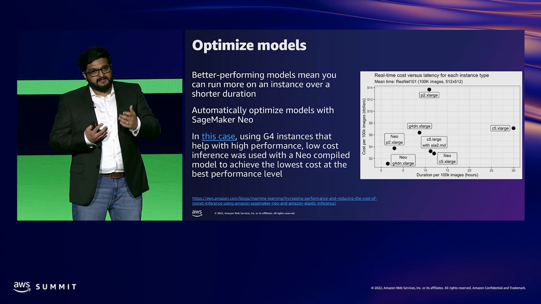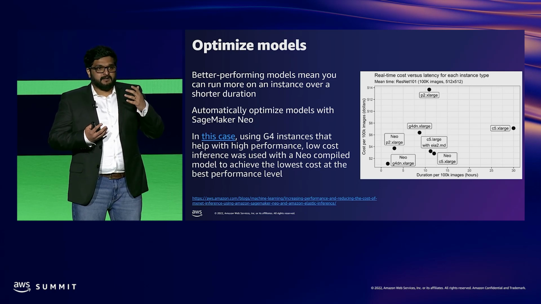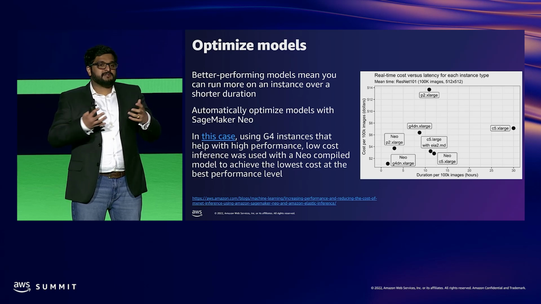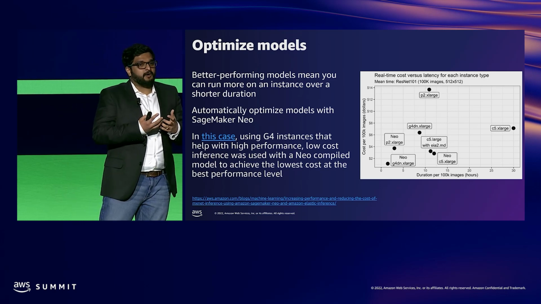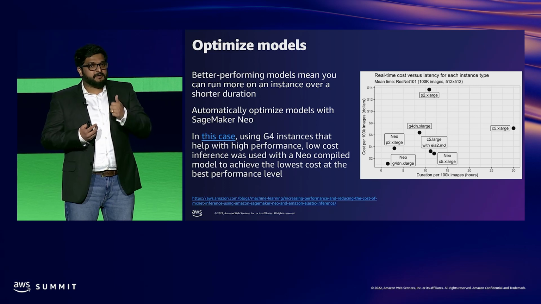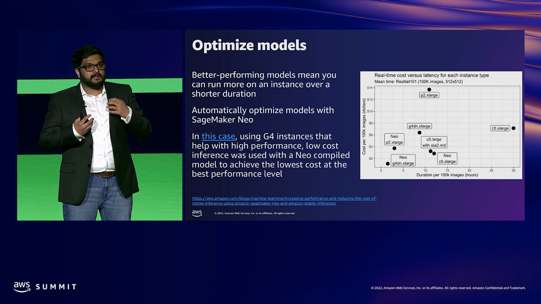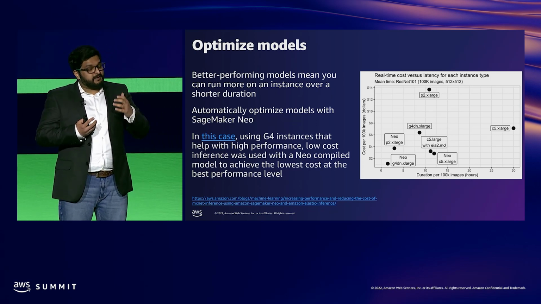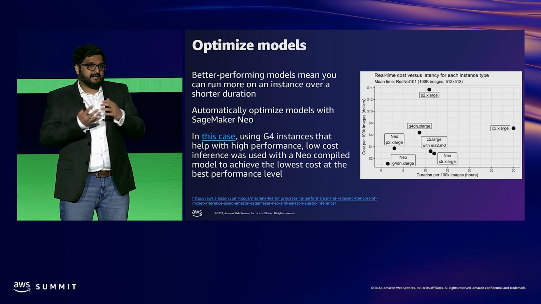With optimized inference options like Triton or even Inferentia, you can optimize these models and use your instance better than how it's usually found, right? We also introduced a service called SageMaker Neo, which helps you compile and optimize models on SageMaker, and we've seen that this does so by reducing the memory footprint of the model on that particular instance.